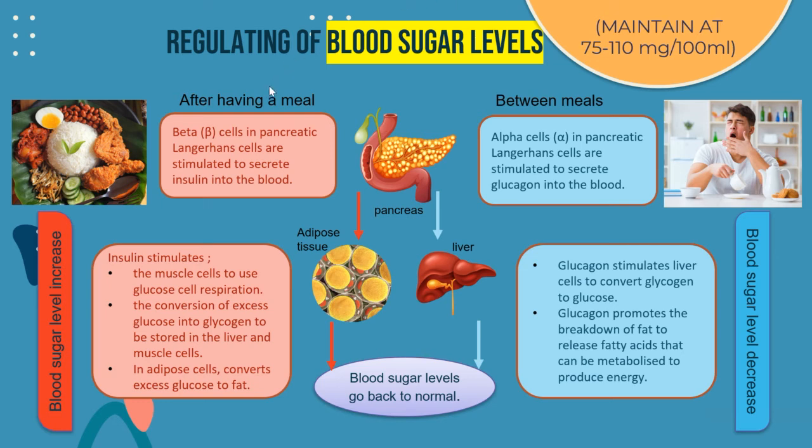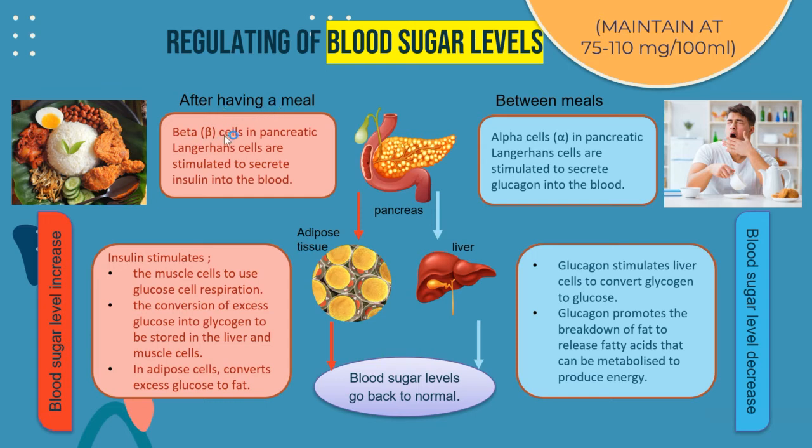You have to remember that the organ very important in the regulation of blood sugar level is the pancreas. This is our pancreas, because the pancreas has Langerhans cells. The Langerhans cells are stimulated after having a meal.